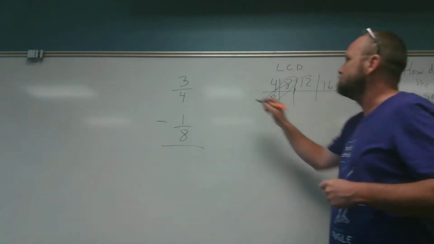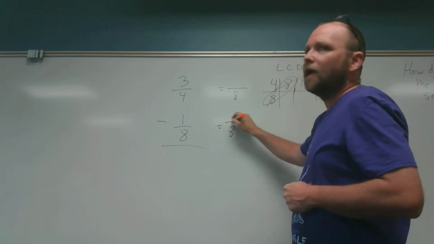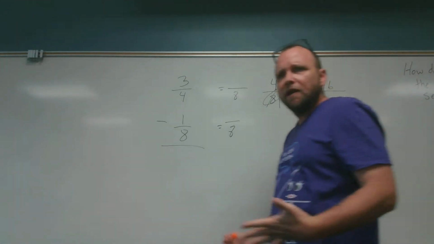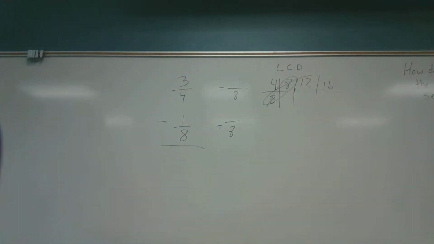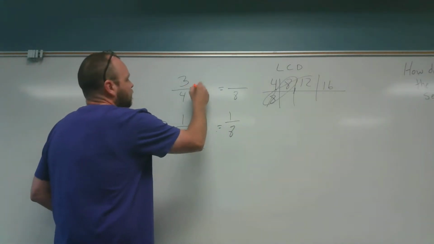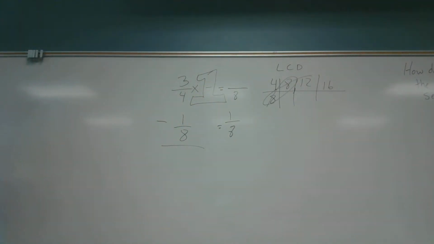I change both of these so that they have a denominator of 8, because I cannot add or subtract fractions until they have the same denominator. Mason, do either one of these have an 8 as a denominator? Which one, Mason? 1/8. I don't need to change that. It's already there. 3/4 does not have a denominator of 8.